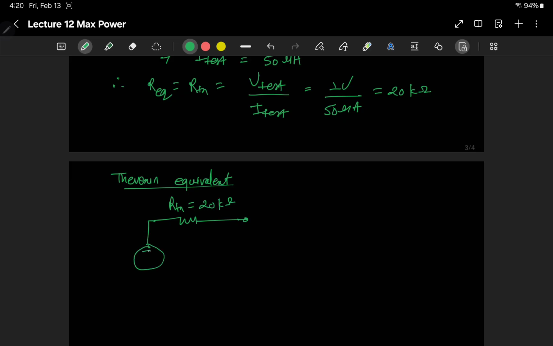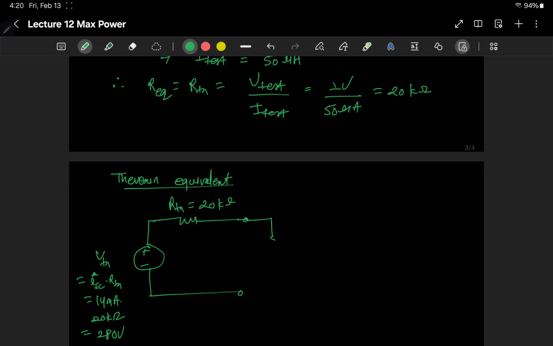And the source voltage VTH should be equal to ISC, short circuit current, times RTH. The short circuit current we calculated was 14 milliampere times 20 kilo ohm, which is equal to 280 volts. That should be the voltage we get here.